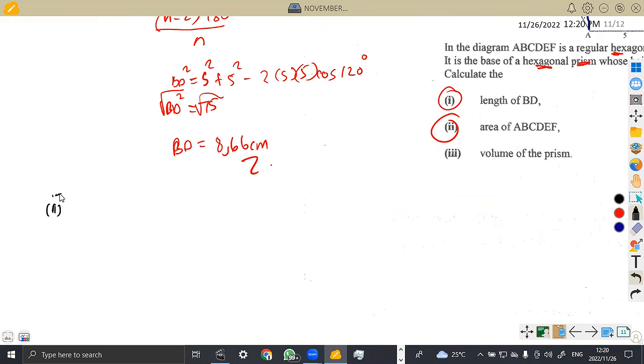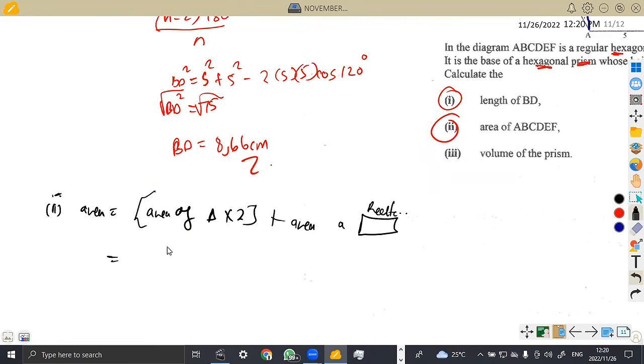So our area was going to be the area of a triangle times 2, because we've got two triangles there, plus the area of the rectangle. You can write rectangle or you just show the sign. Remember, the area of a triangle is half AB sine theta. Whatever we get here, we multiply by 2, plus length times width, the area of a rectangle.